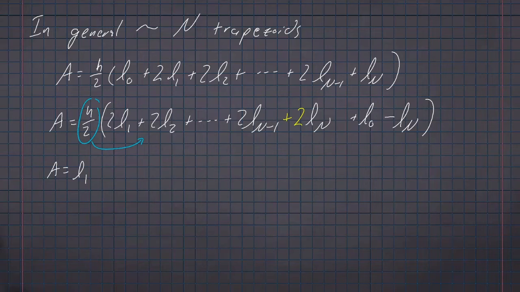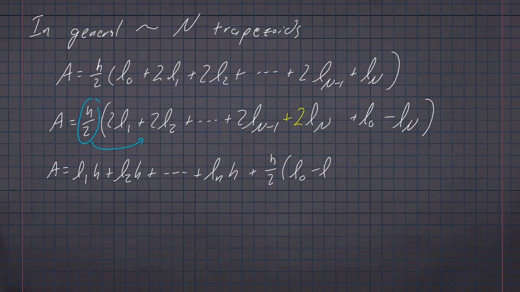So I've got L1h plus L2h plus dot dot dot plus Ln h for those first n terms. And then the last part, I'll just leave written a little bit like that.